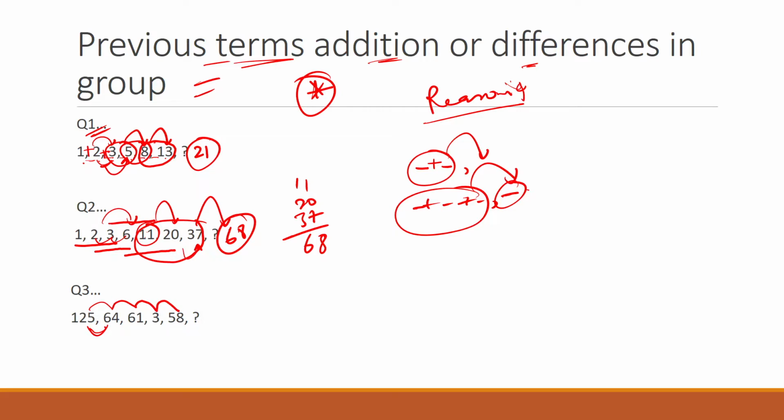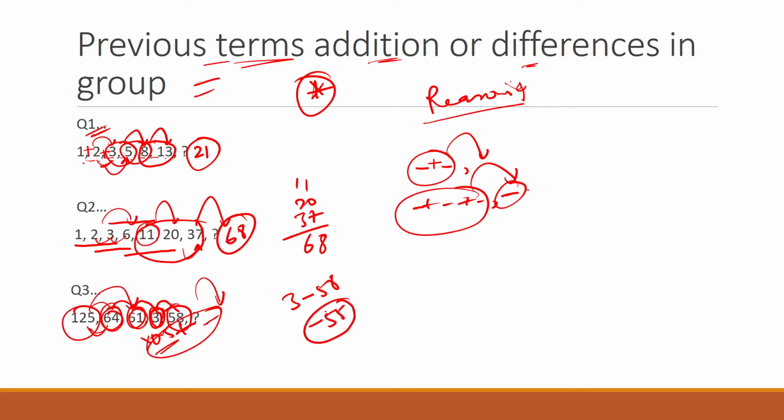People would start figuring out 1.5 or 0.5 or an addition of something, but this is a simple scenario: 125 minus 64 will give you 61, 64 minus 61 will give you 3, and then 61 minus 3 will give you 58. So what will be the answer then? That is 3 minus 58, which is equal to minus 55.